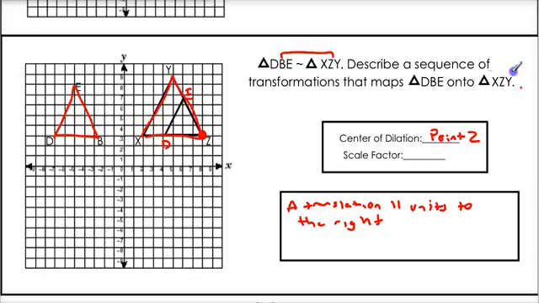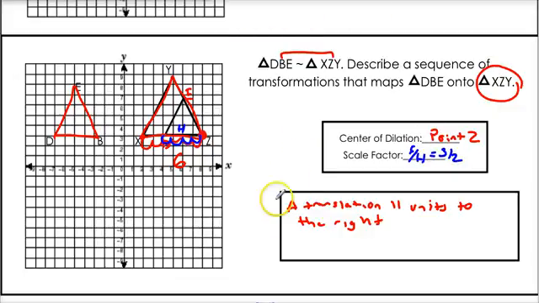Because I'm trying to map it onto this triangle, XYZ. So let's see, it's 1, 2, 3, 4, 5, 6. So that is from the center of dilation to our image over 1, 2, 3, 4. That's 4. So our scale factor is 6 over 4. And you can reduce that fraction, so that should be 3 over 2.